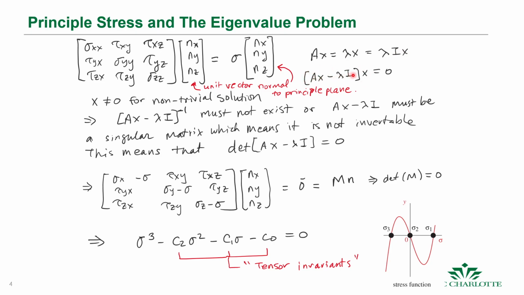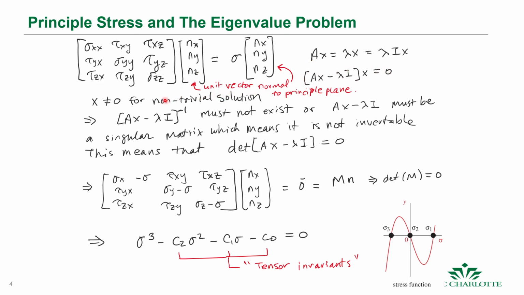Ax minus lambda I x equals 0, this is from linear algebra, and we find that vector that maps this matrix here to the null space. So that's your eigenvalue problem.